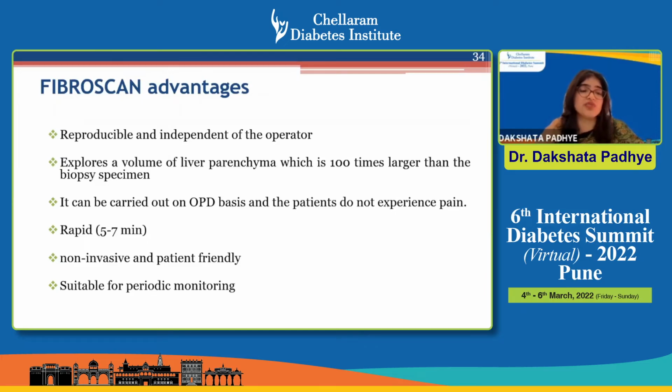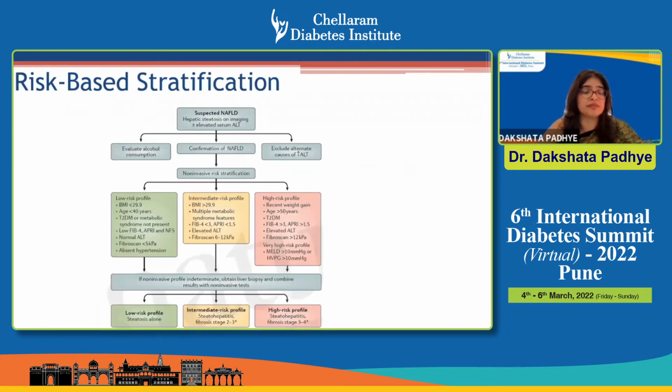I just mentioned it's rapid, just maybe 5 to 7 minutes, non-invasive, patient-friendly, and last but not the least, it is very suitable for periodic monitoring, as progression or reversal of NASH has to be monitored. Only FIB score monitoring is not going to be helpful. Many times enzymes are normal, but fibrosis can worsen. So you have to have periodic monitoring, and with FibroScan, it becomes very, very convenient.